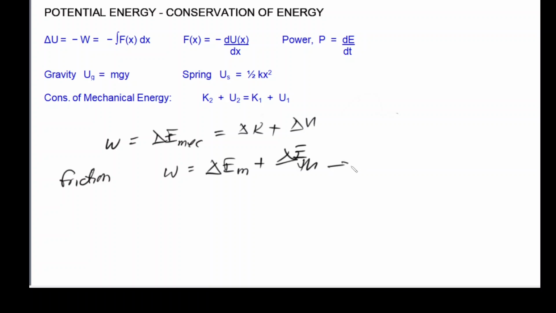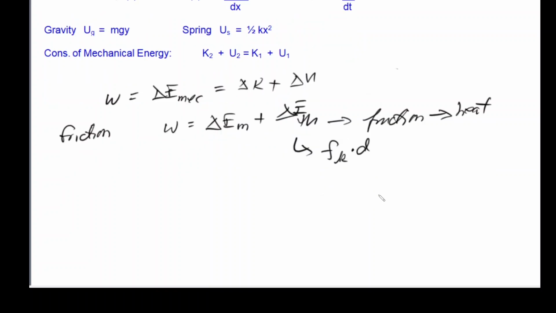We call it thermal because friction leads to heat, which becomes thermal energy. And we can also say that this change in thermal energy is equal to the force of friction times the distance the friction moves an object.